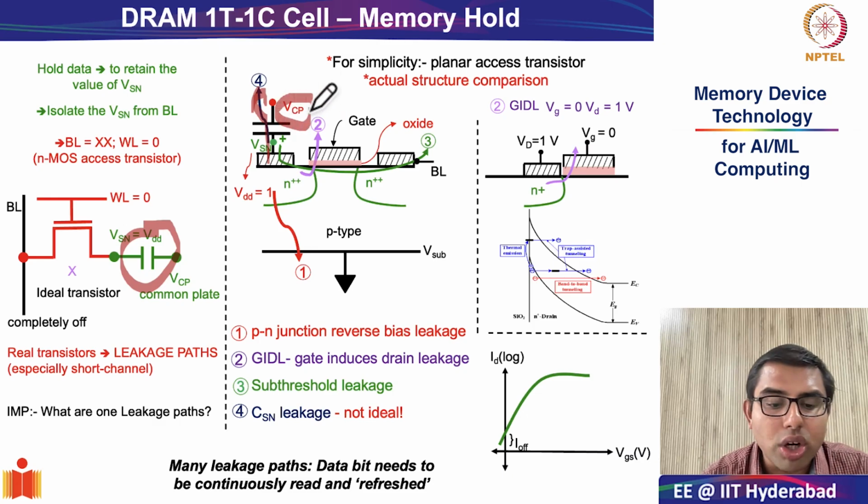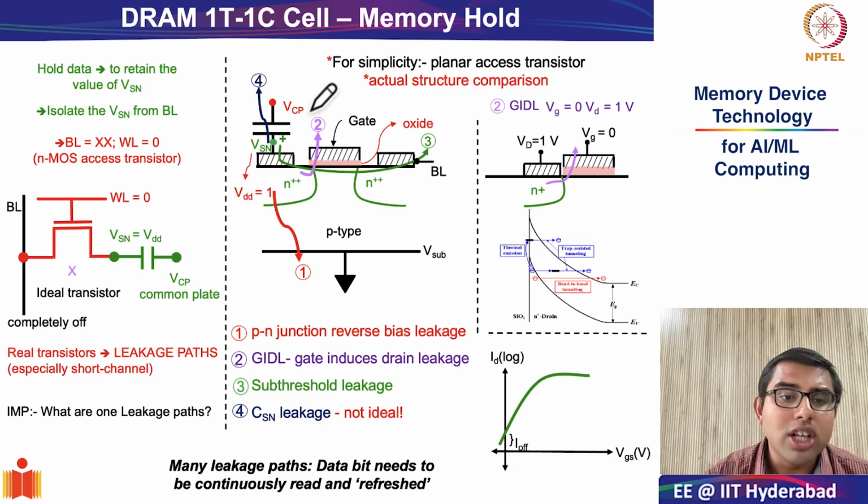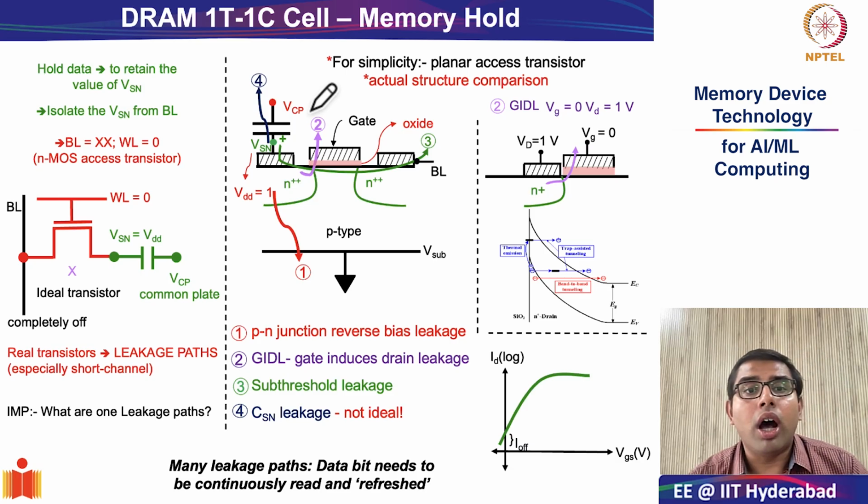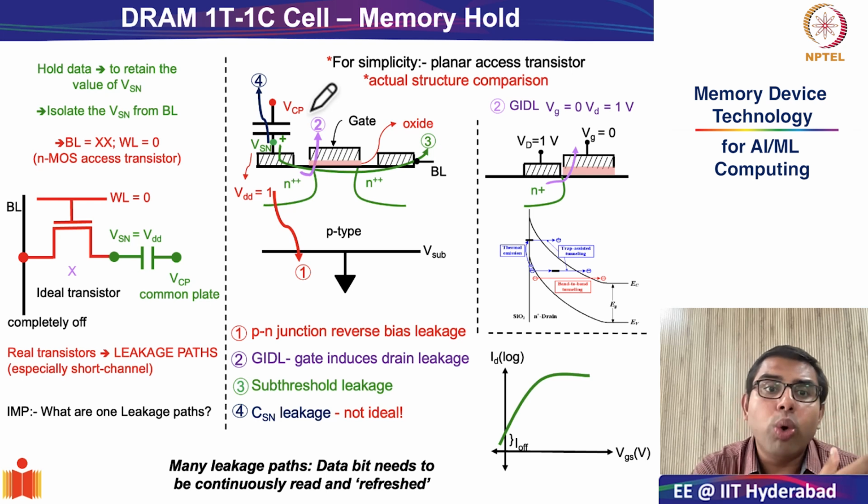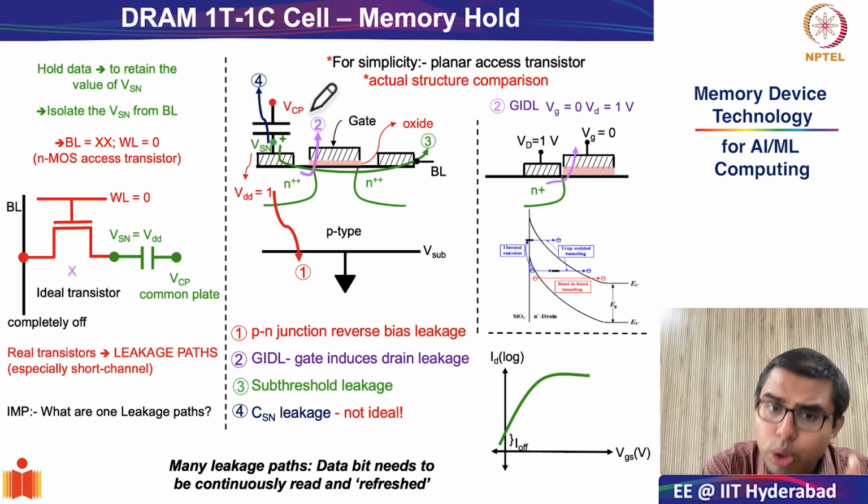VCP is the voltage of the common plate. So these are the several mechanisms through which there is a leakage of charge from the storage node, through the transistor and through the capacitor.